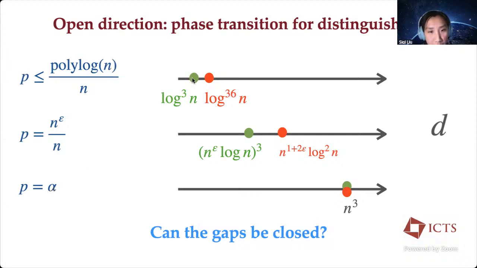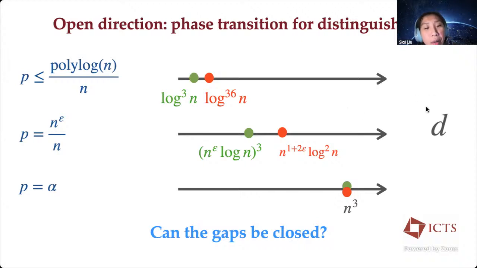We have the green dots, which is the threshold up until which we know that we can detect using this triangle count algorithm, and the red dot is beyond which we know that information theoretically we cannot distinguish between the two models. And we see that in the relatively sparse regime and relatively dense regime, we still have a gap to be closed.